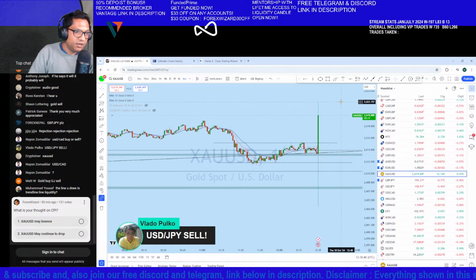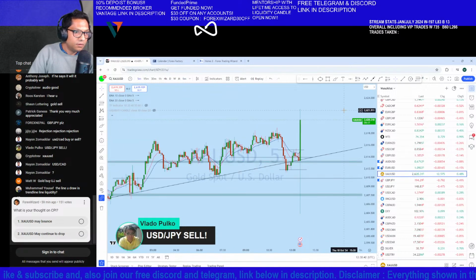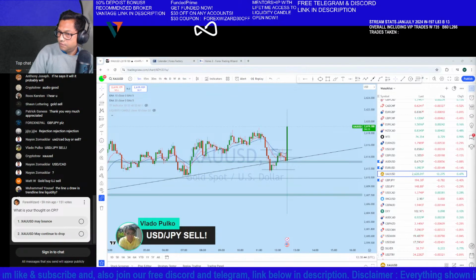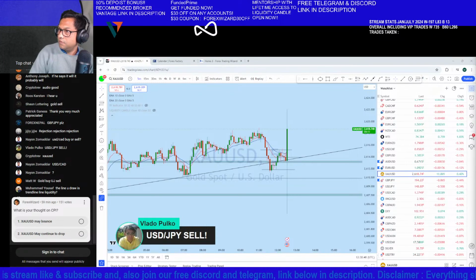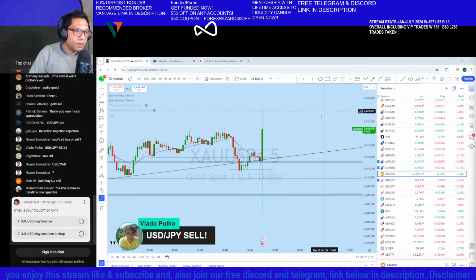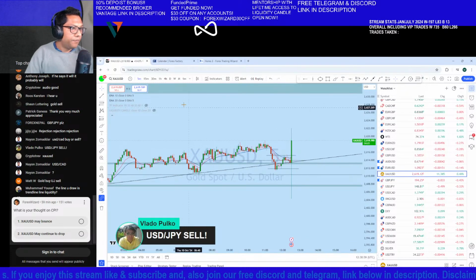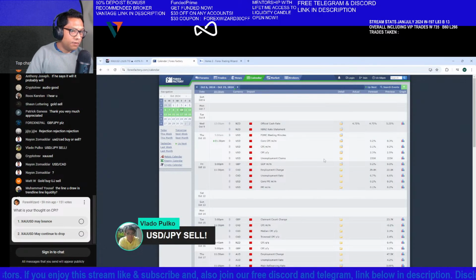What you can see in that area, how the data has come out.